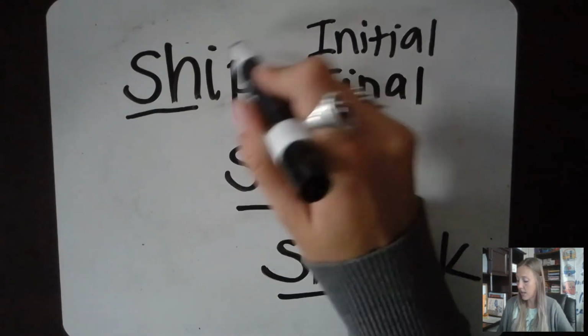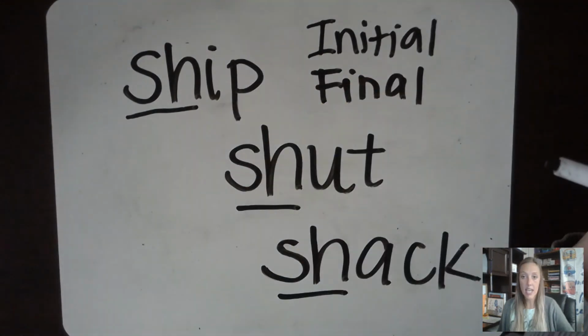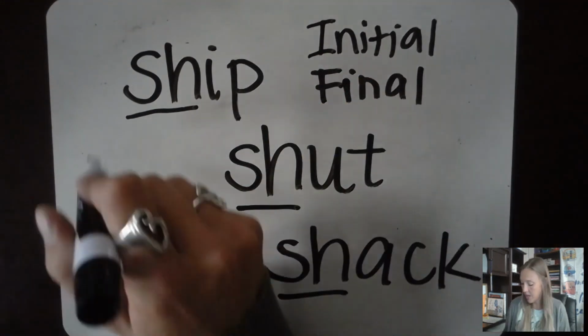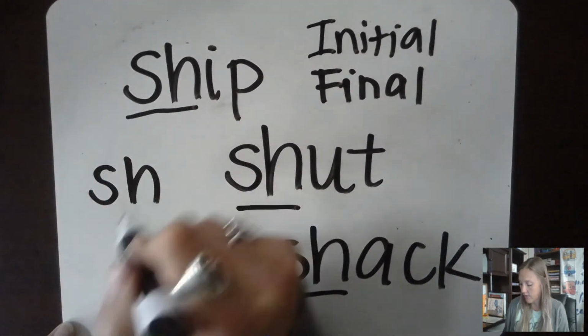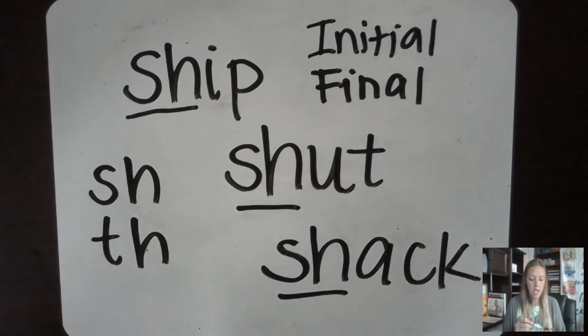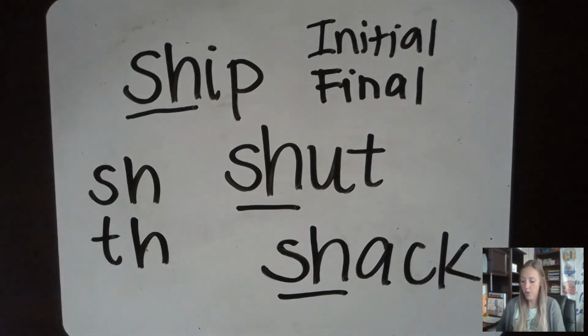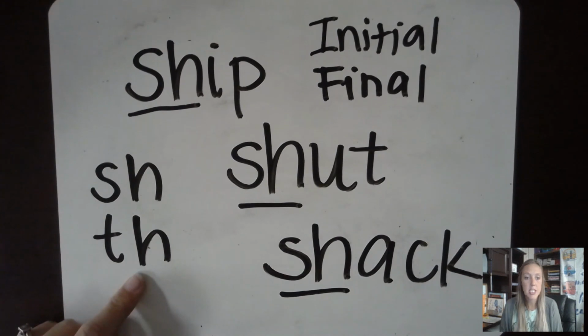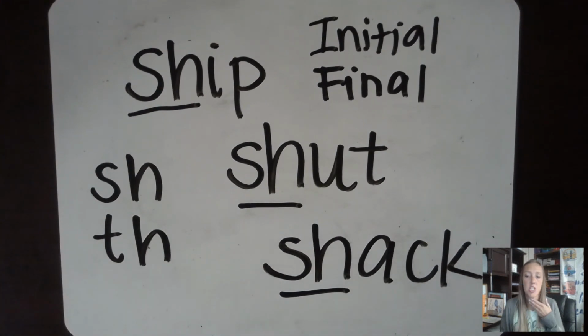The final letter is at the end. We also talked today about the digraph sh and the digraph th. We have one sound for SH, and because it doesn't vibrate, it's unvoiced. But we have two sounds for TH, which is unvoiced, and voiced.